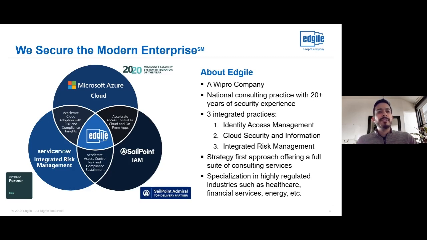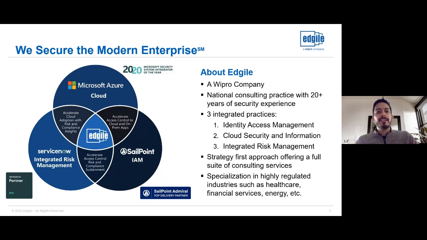The second one here, cloud security and information. This is a lot focused on your cloud journey and how we can help accelerate adoption of top security and world-class solutions. We partner with Microsoft in this space and can help you with strategy, implementation, any of the Microsoft enterprise mobility and security solutions.